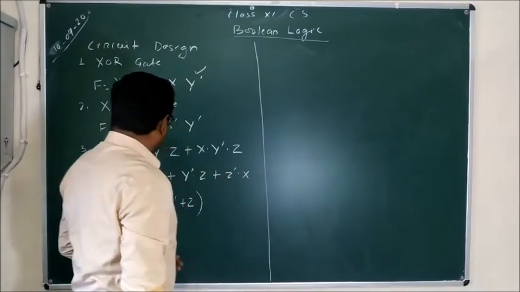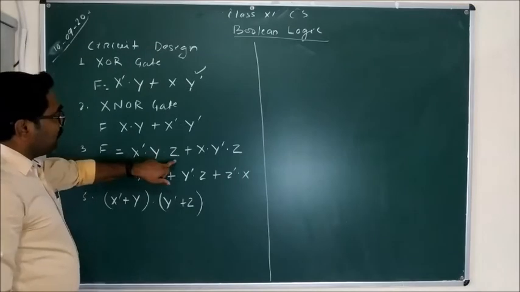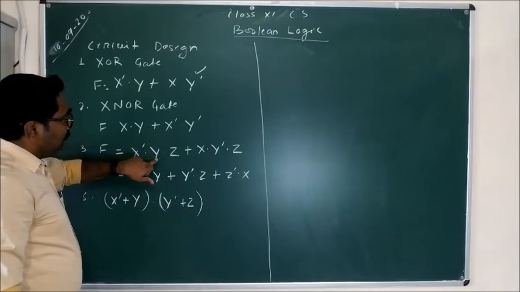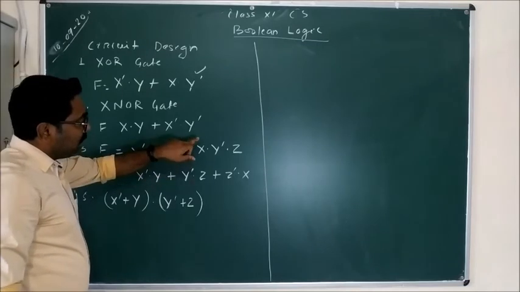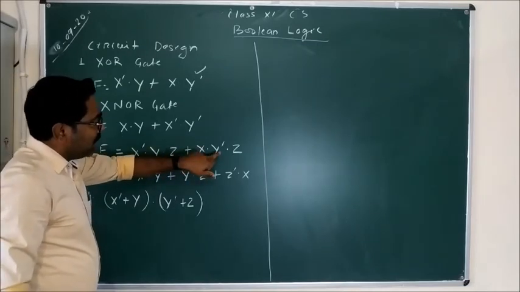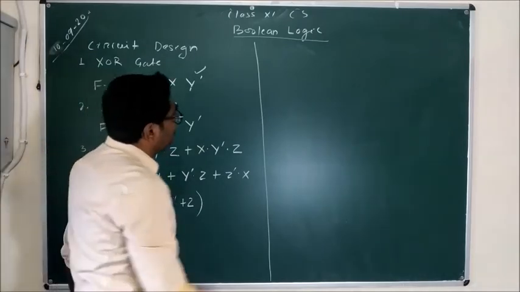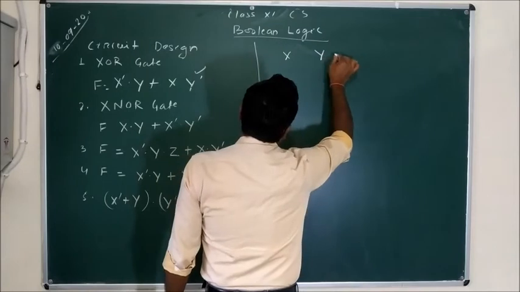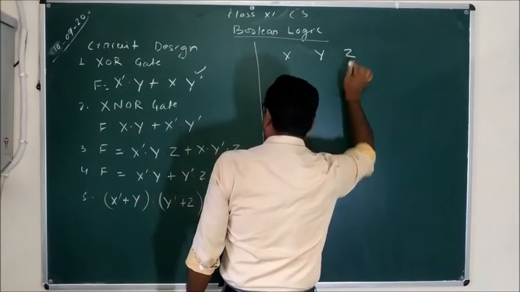Okay, so there are three inputs x, y, z. The first term is x dash dot y dot z. The second term is x dot y dash dot z. So here I am taking three variables x, y and z.